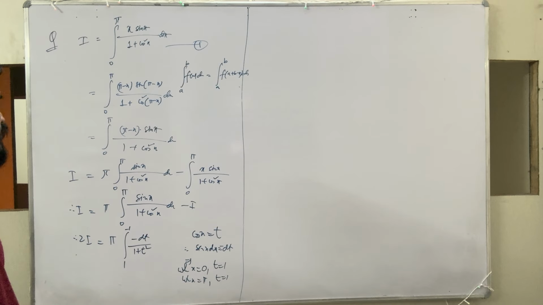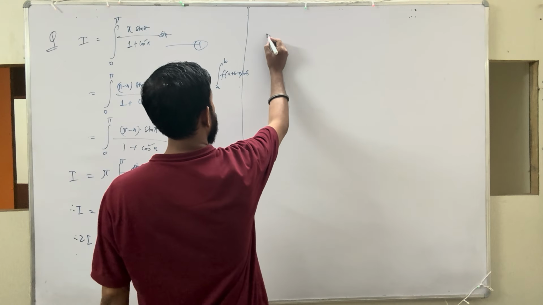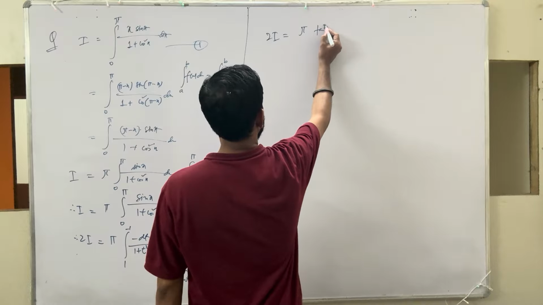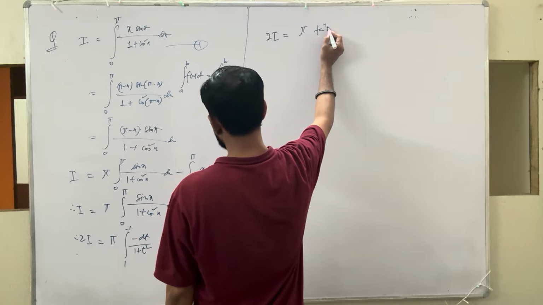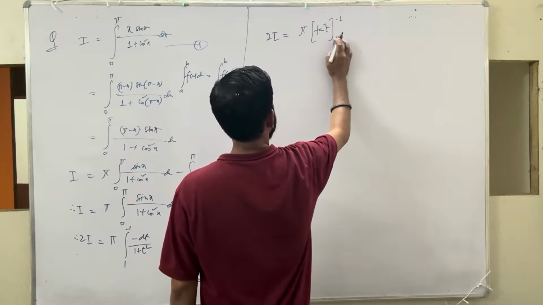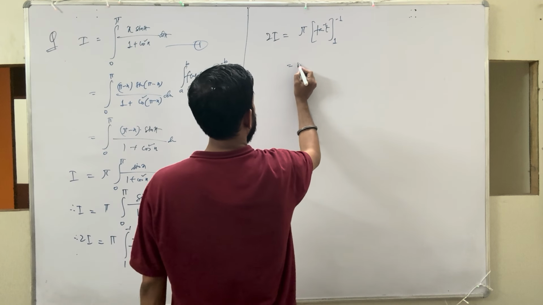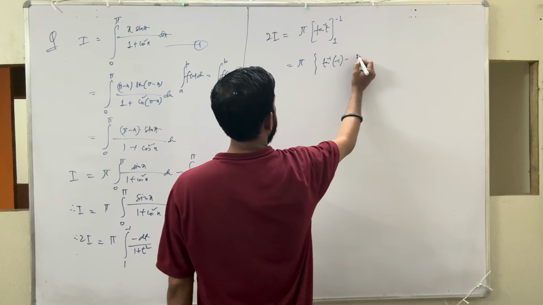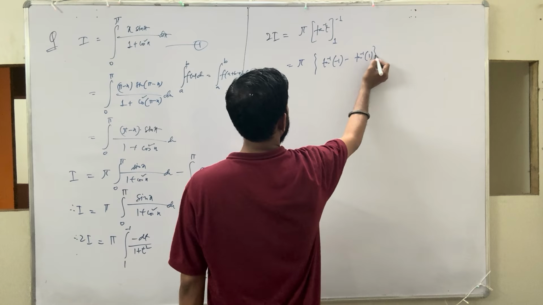So 1 by 1 plus t square will give you tan inverse t. So 2I is pi tan inverse t, from 1 to minus 1. That will be pi times tan inverse of minus 1 minus tan inverse of 1.